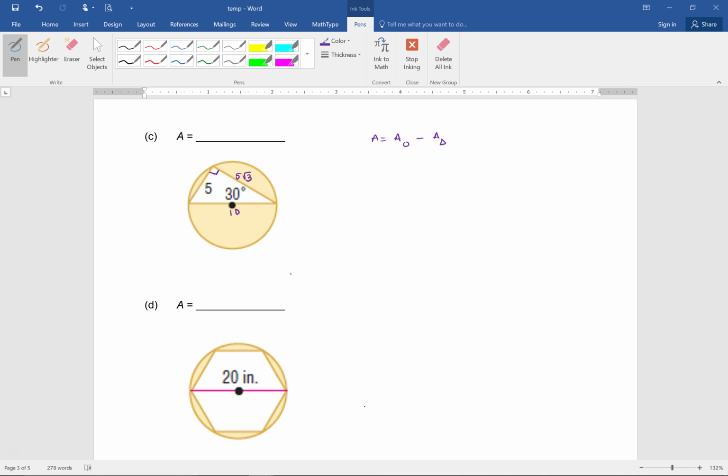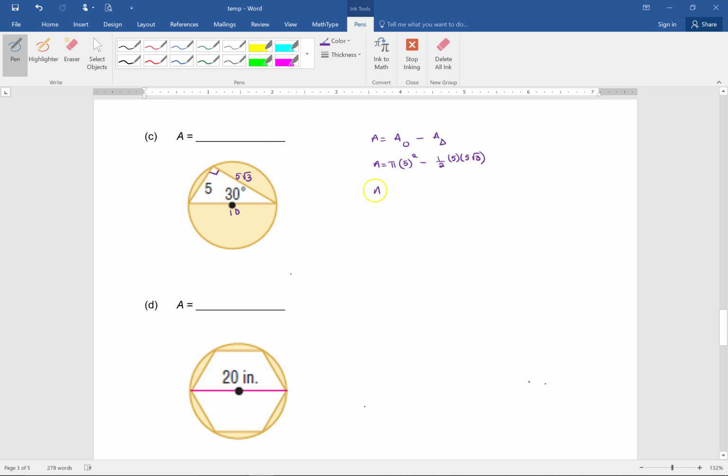How big is the radius? 5. So the area here is pi times the radius, 5 squared, minus half. Don't forget the half. Usually students have such a rush doing this. They just forget because they're so excited. Half times 5 times 5 root 3. Okay?